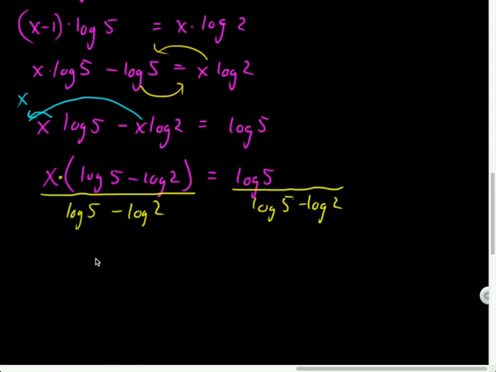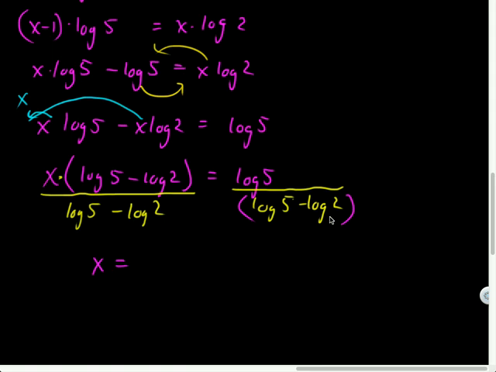When I plug this in a calculator, I'll have to be a little bit careful here with my numerators and denominators. So log of 5 divided by, and I'll have to open parentheses around this bottom here, to make sure that all stays in the numerator.